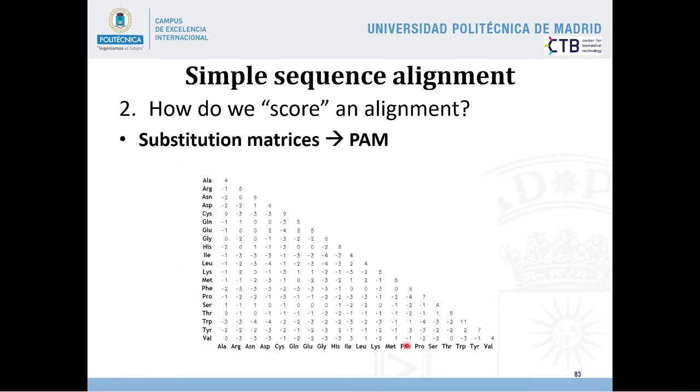You can see all the amino acids and all the amino acids, and which would be the cost of converting one to the other. If those amino acids are quite the same, the cost will be very, very low. But if one amino acid is for one thing and another one is chemically very, very different, the cost will be very, very high.